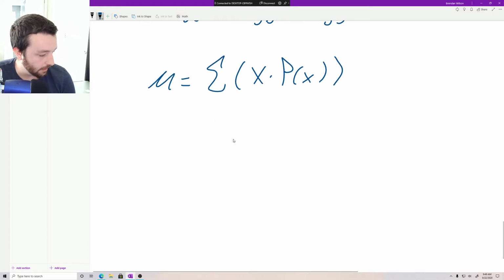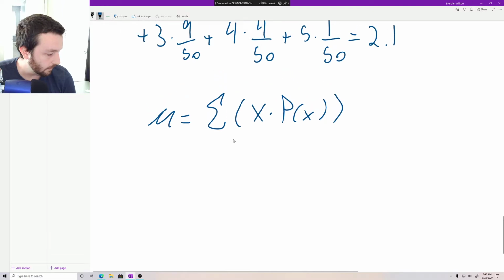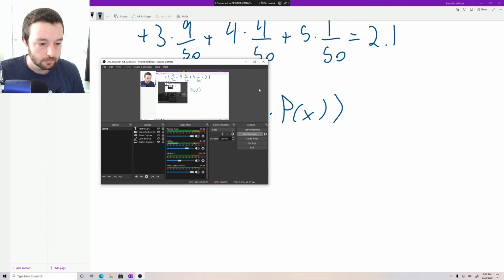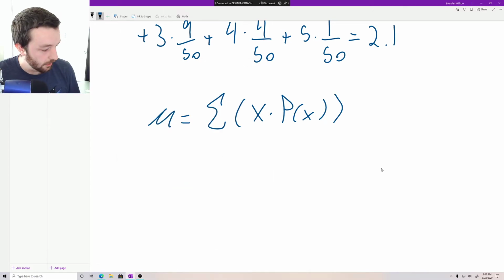It also gives a formula for the standard deviation of the PDF. Okay.